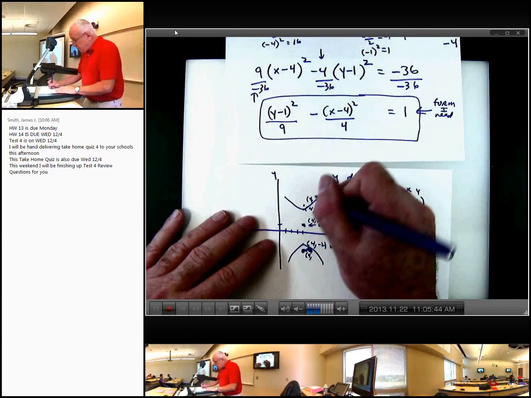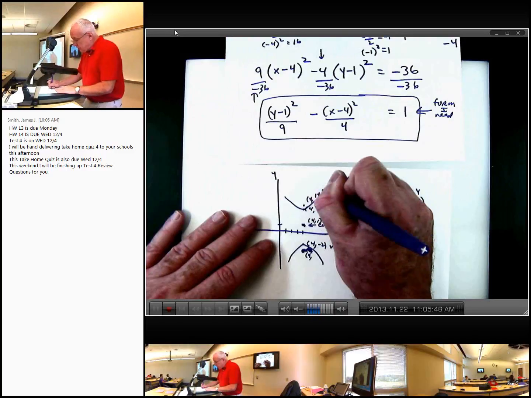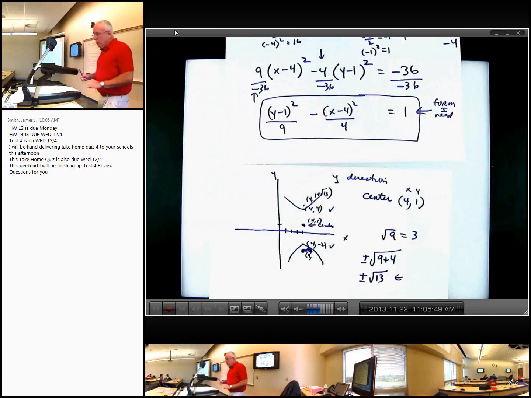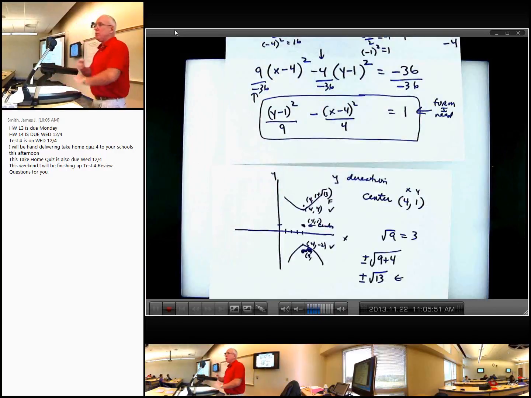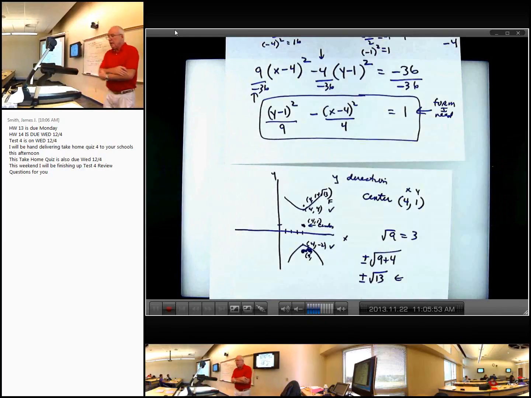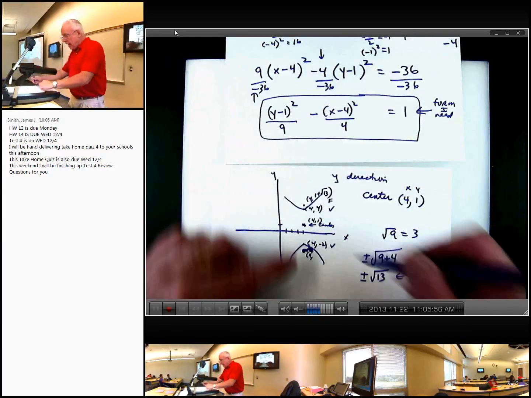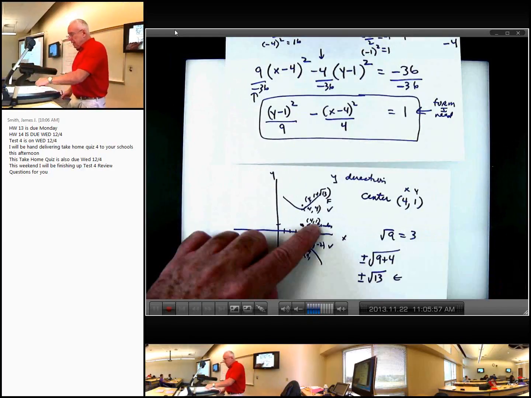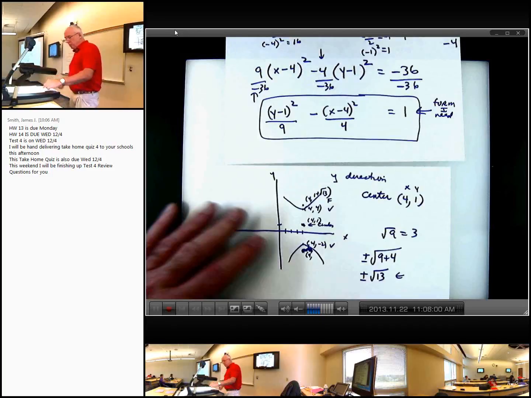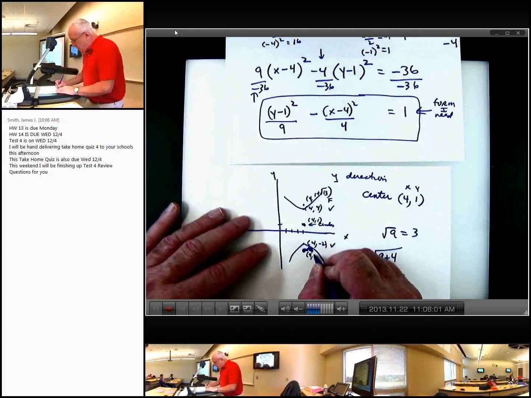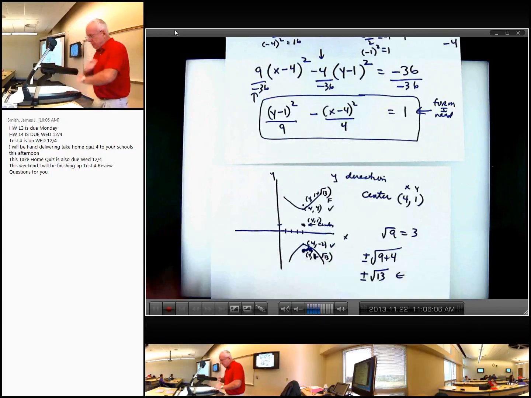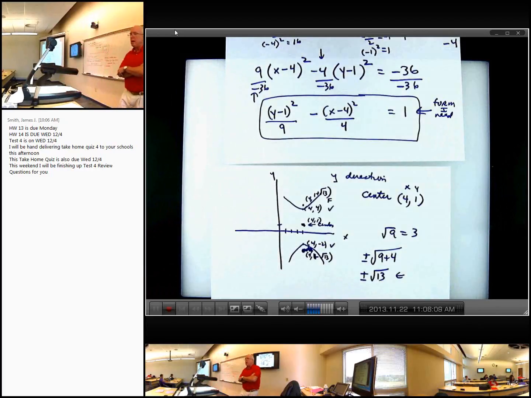So this is going to be 4, 1 plus the square root of 13 for my upper focus. Down here then, I take my 1 and I'm subtracting the square root of 13. So this is going to be 4, 1 minus the square root of 13 for my bottom focus.